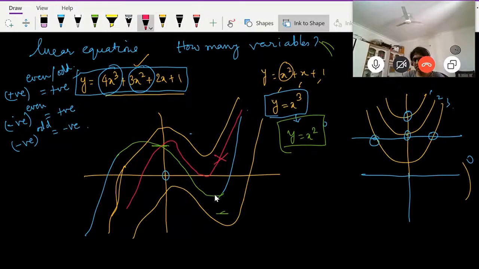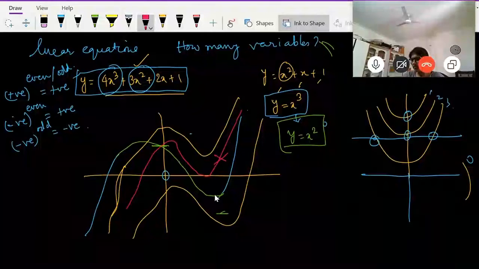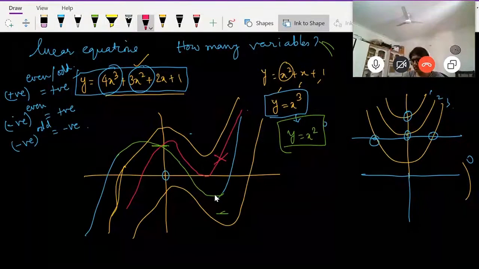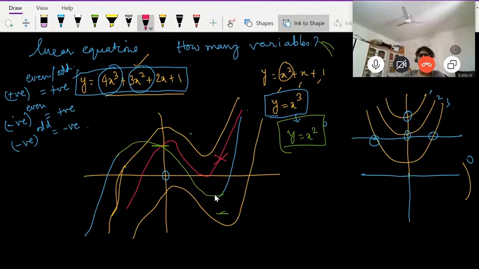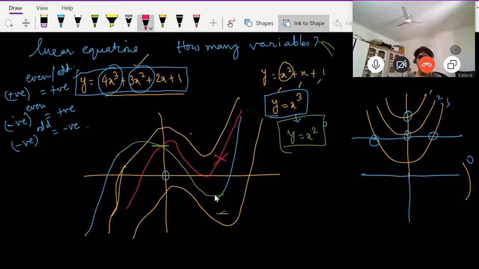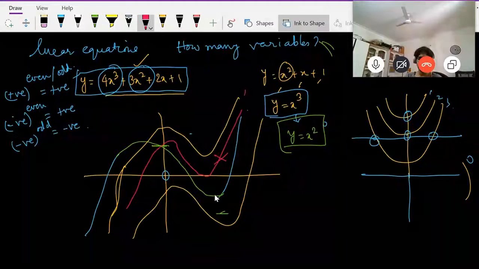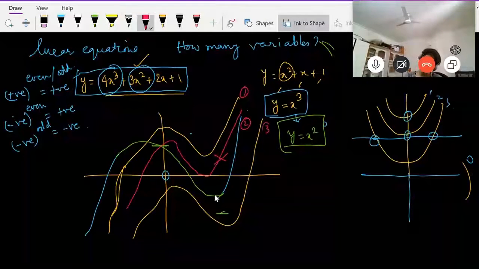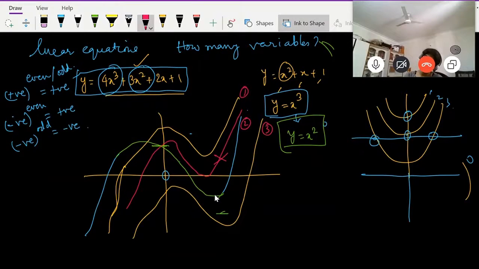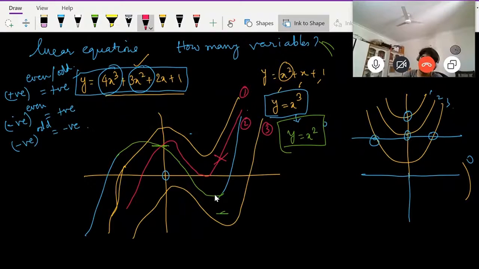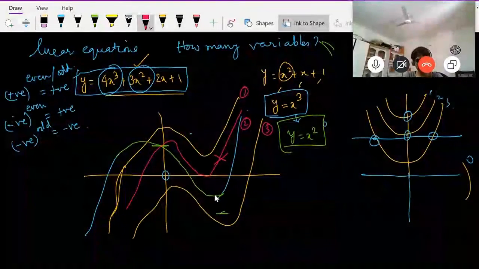I cannot explain why this is not possible, because it requires a little bit of higher mathematics to understand this. So I'm not going into that right now. But just understand that there would be three cases. One could be like this, second could be like this, and the third could be like this, right?